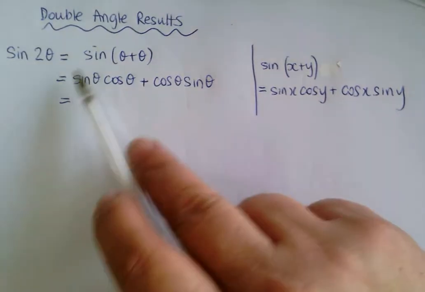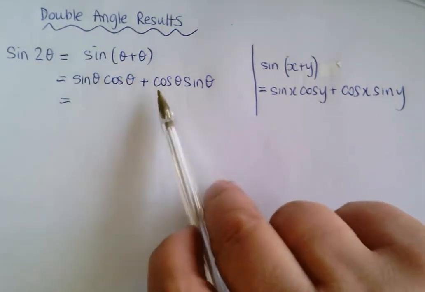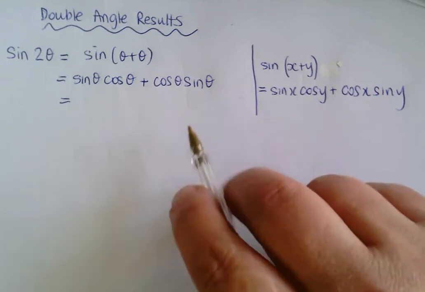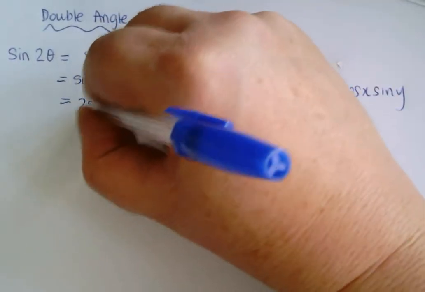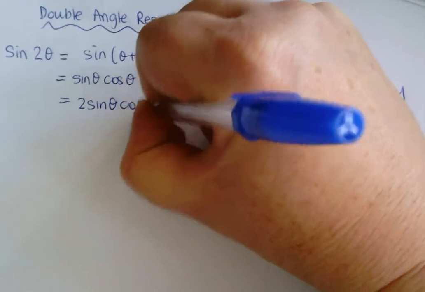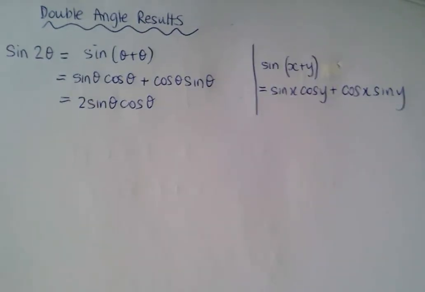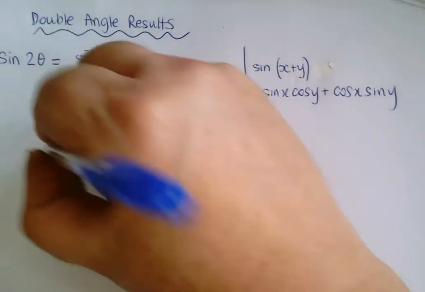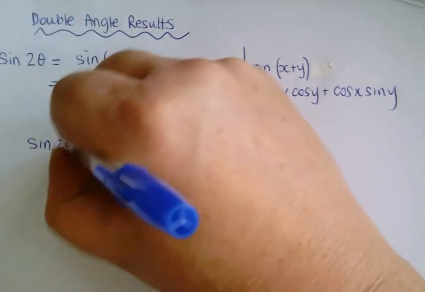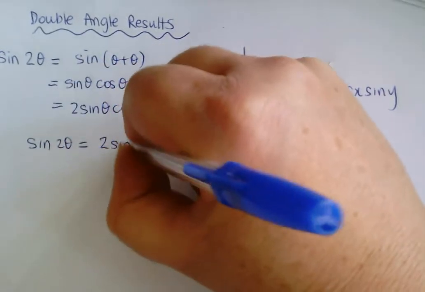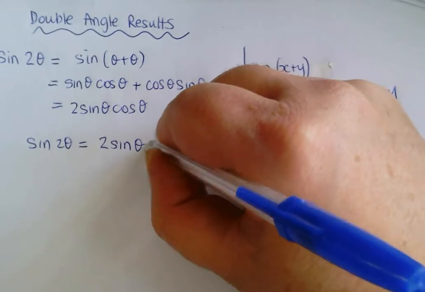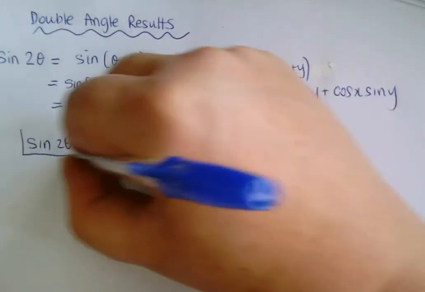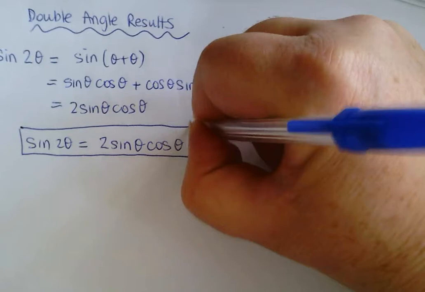Are they identical? Sine theta cos theta and cos theta sine theta? They are, because they're multiplied. So I've got two lots of sine theta cos theta. So that is the double angle result for sine 2 theta: sine 2 theta is 2 sine theta cos theta.